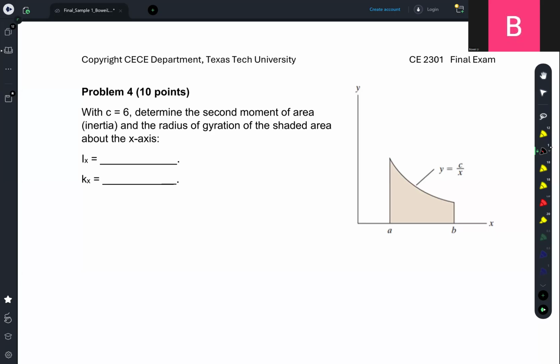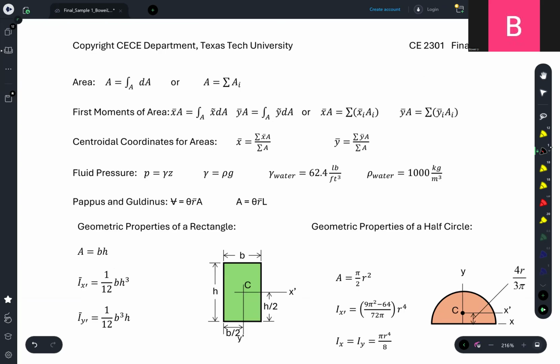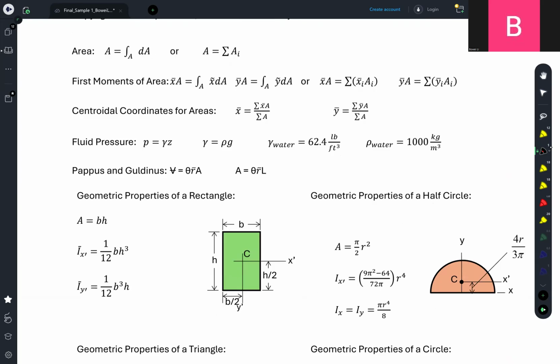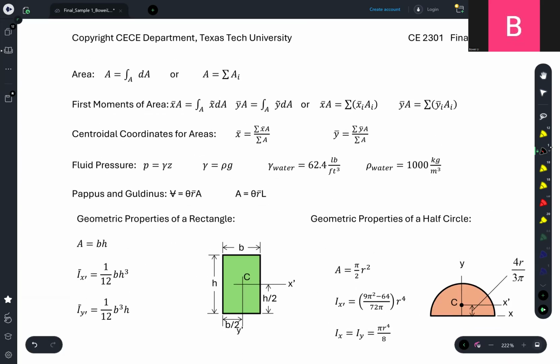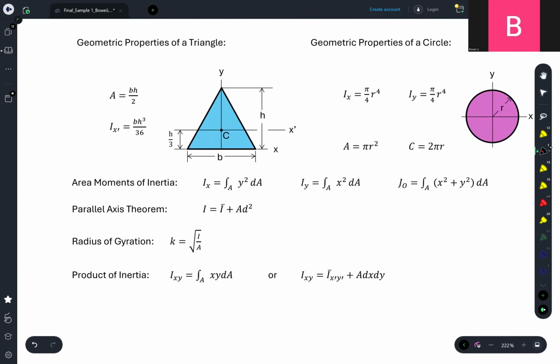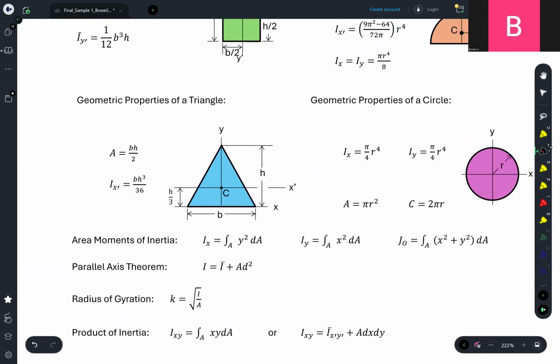So the first question here is, what formula are we going to use? It is actually defined in the appendix, where we have the second moment of the area, the area moment of inertia.